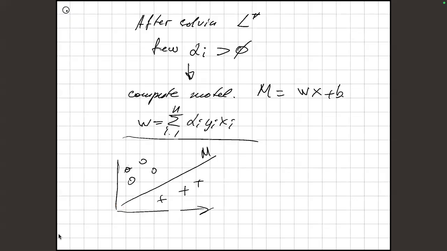And B, you can compute from the constraint. So yi, you remember the constraint is yi times (Wxi plus B) equals 1.